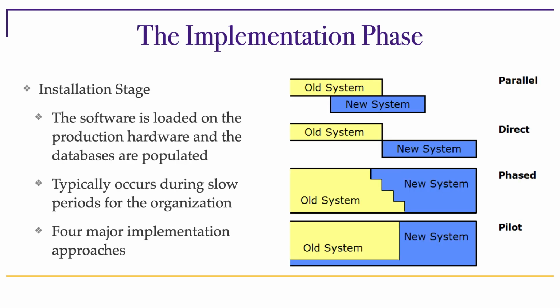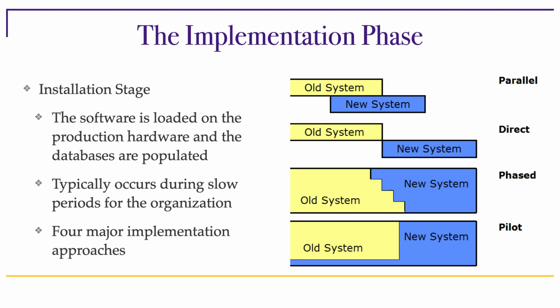The first stage in implementation phase is installation. So installation occurs very practically when the software goes live in production. So up until this stage, the software has been in development servers.